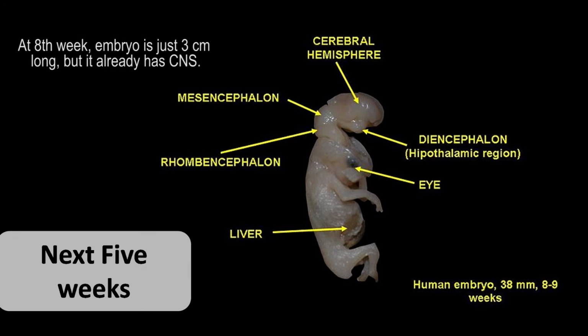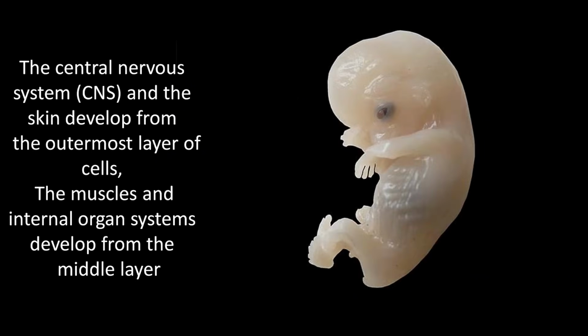At 8 weeks, the embryo is just about 3 centimeters long, but it already has the central nervous system formed. It has the skin, which has developed from the outermost layer of the cells.